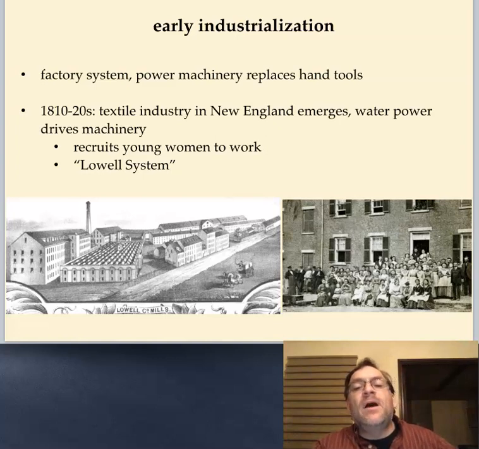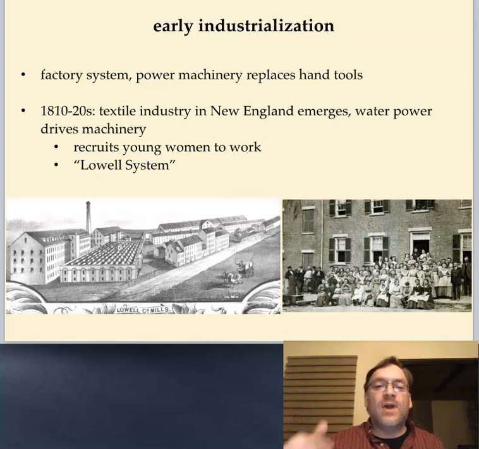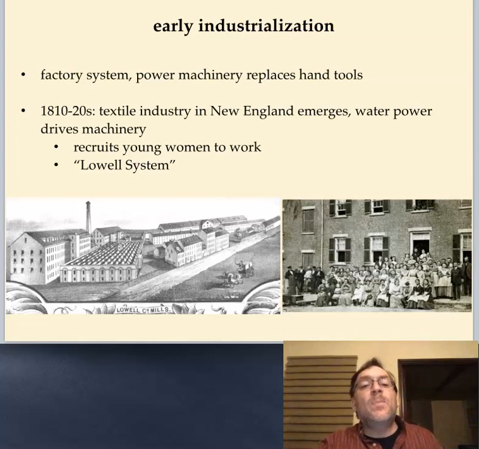They use water power. New England is kind of rocky and it has streams and so forth that flow, and they can manipulate this water so that it will drive mills that will then power these machines. Eventually, later on, they will begin to use fossil fuels to create energy.